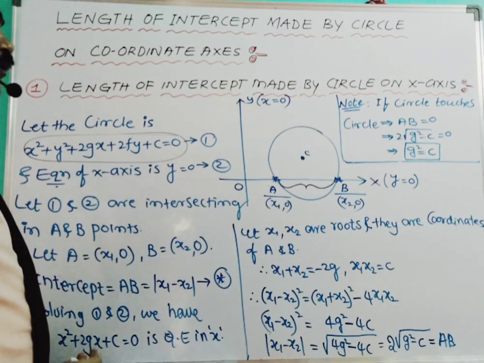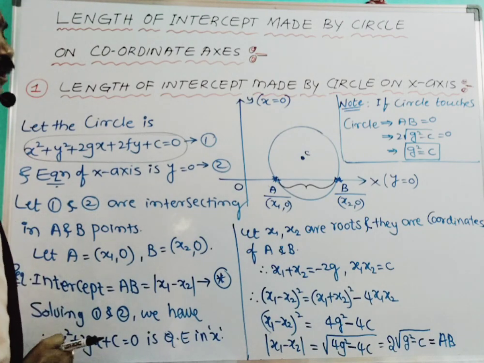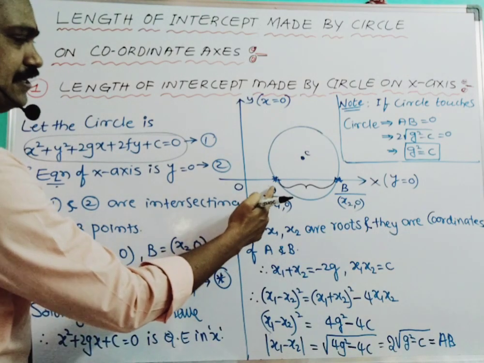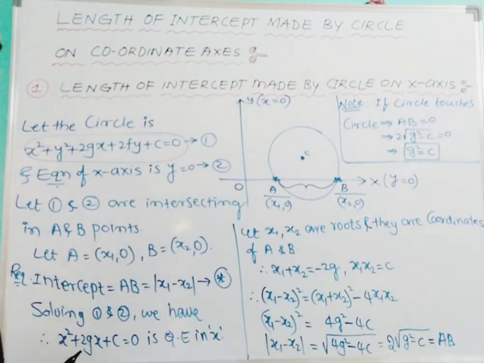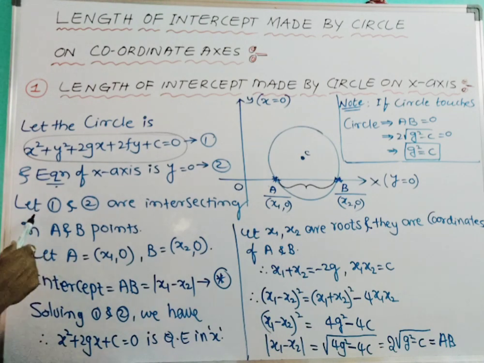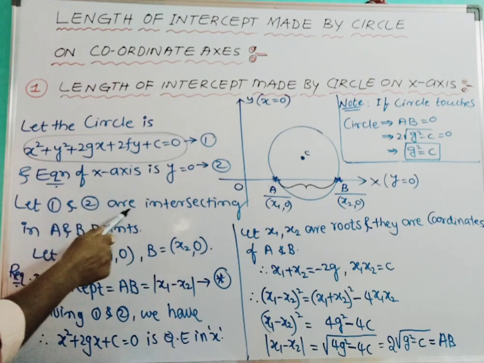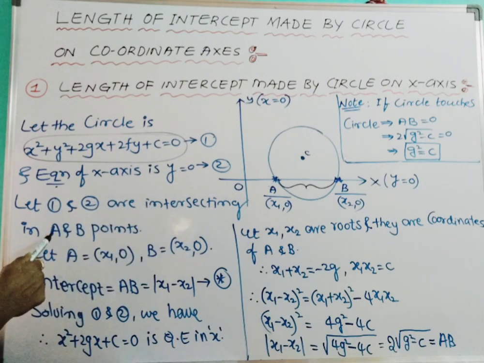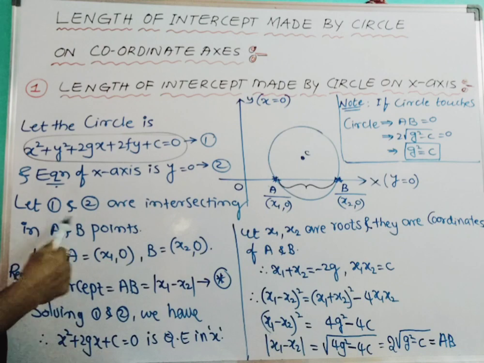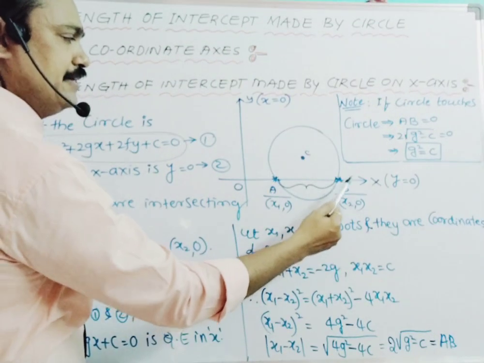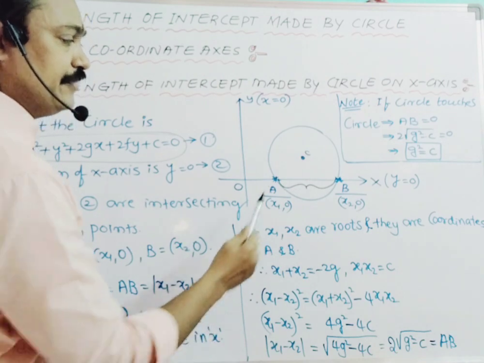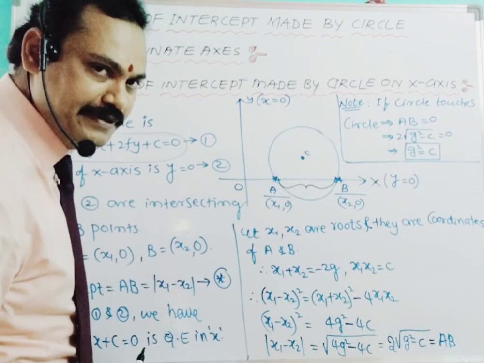Now I am going to find the coordinates of the points of intersection of the circle and the x-axis. Let equations 1 and 2 intersect in 2 points, capital A and B. Since these 2 points are on the x-axis, their y coordinates must be equal.